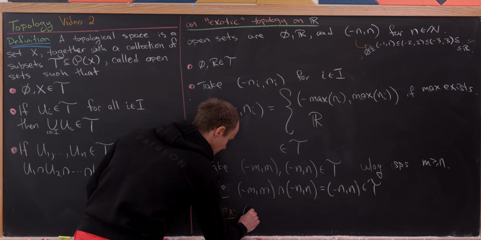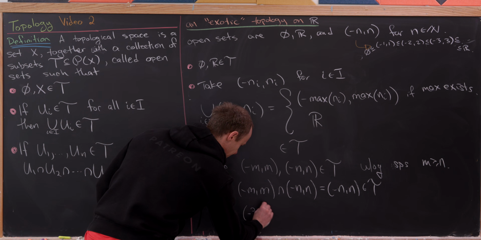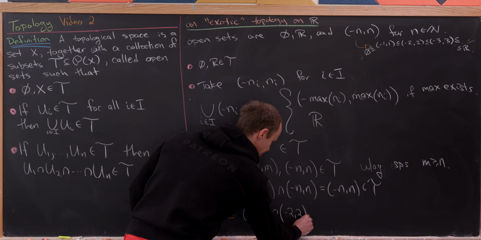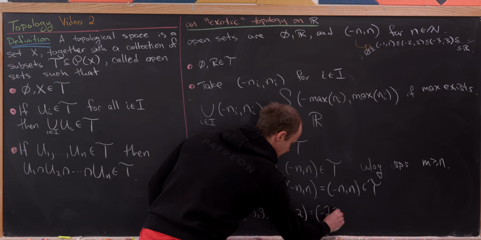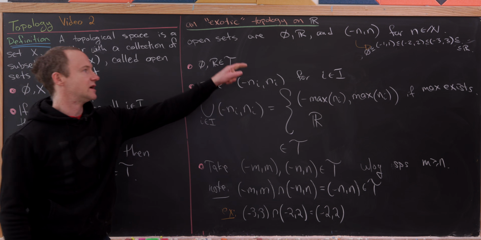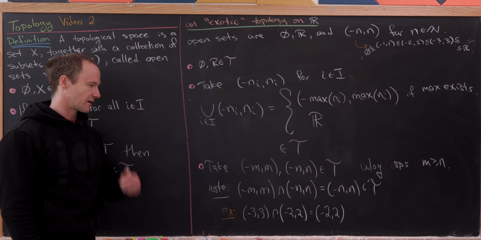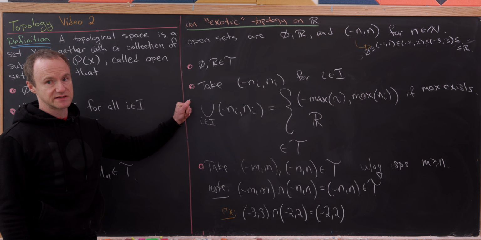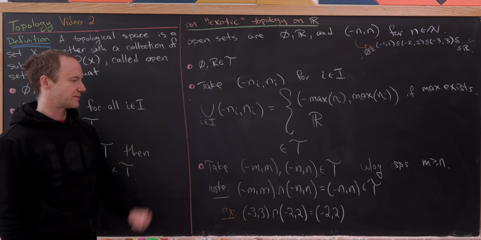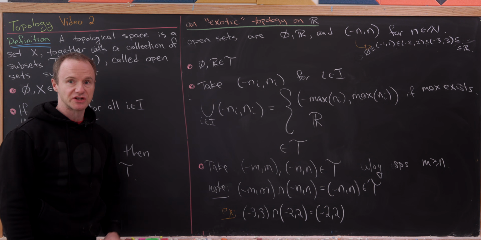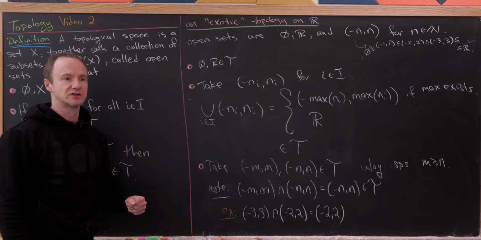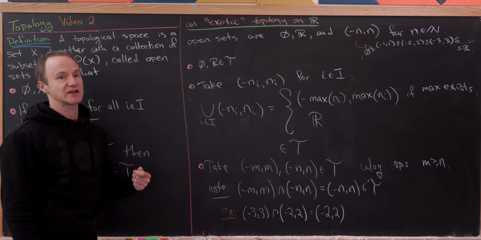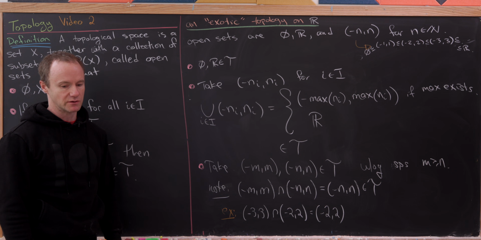If we take the interval from minus 3 to 3 and intersect it with the interval from minus 2 to 2, we pretty clearly get the interval from minus 2 to 2. Again, because of that inclusion over there. Okay, so what did we just show? Well, arbitrary unions of open sets are open in this topology, and the intersection of two open sets is open, which by our previous observation implies that the intersection of n open sets is also open.